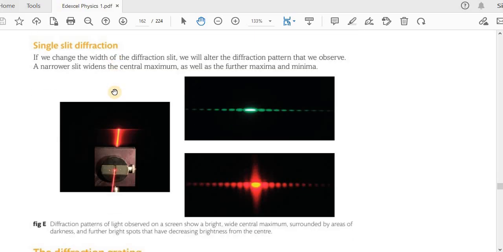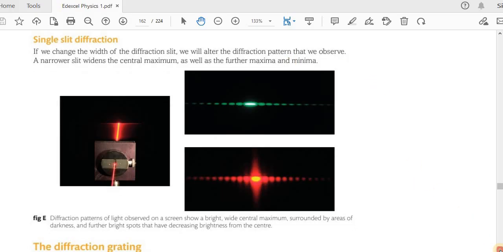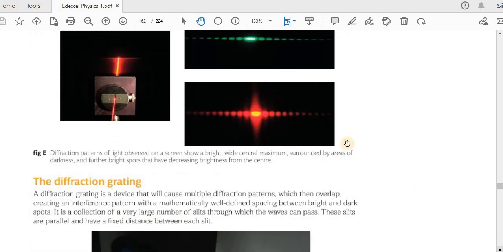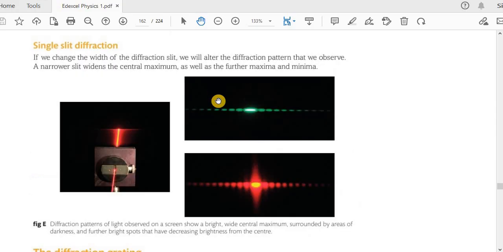Single slit diffraction. If we change the width of the diffraction slit, we will alter the diffraction pattern that we observe. A narrower slit widens the central maximum as well as the further maxima and minima. Alright, so let's continue this single slit diffraction.